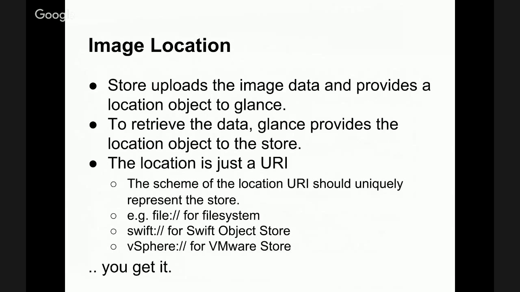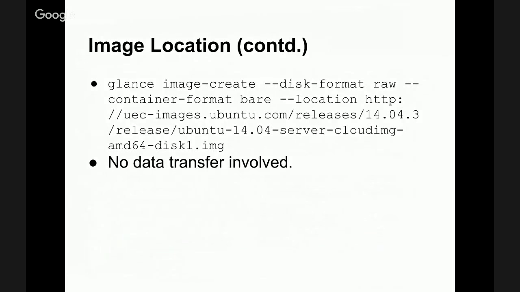If it's a file system, then it's a location to the file on the local file system. So it's just a regular URI with a different scheme for each of the different backends. To retrieve the data, Glance provides this location object to the store, and it's the store's responsibility to parse this URI and fetch the image data from the backend. You get it? Yeah.